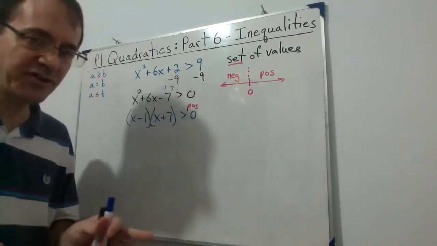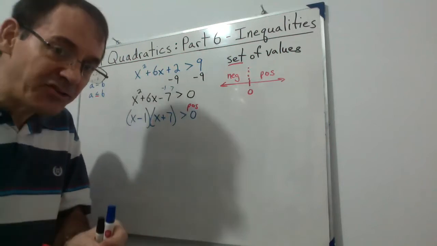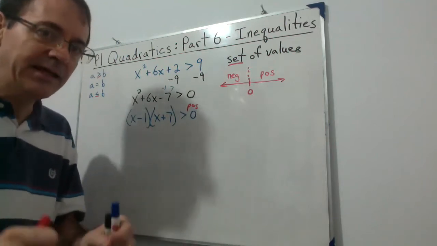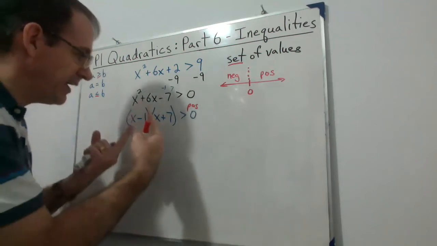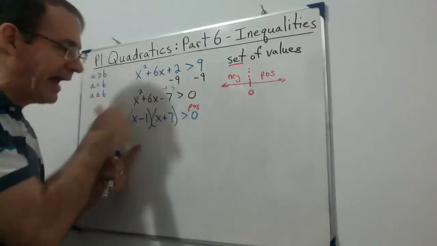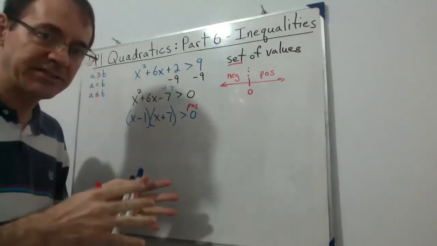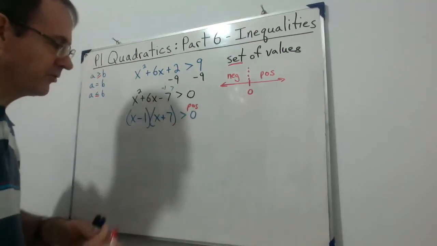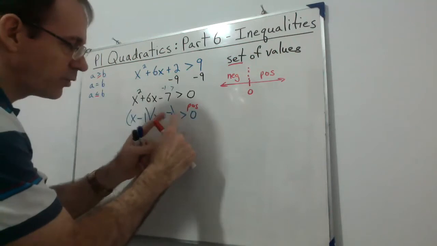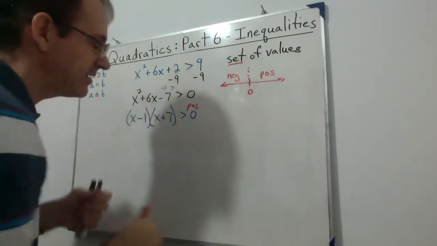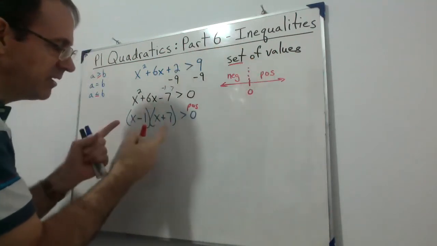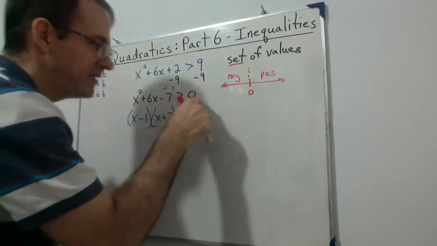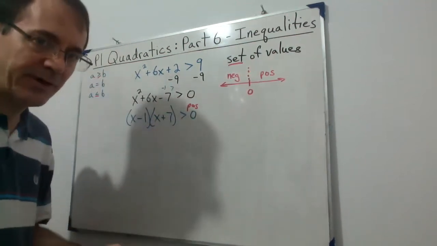It doesn't necessarily mean that your answers are positive or negative. It means when you plug the answers into our expression, the outcome is positive or negative depending on the direction of your inequality. So this is what we're looking for. We're looking for the solution set that causes this product to end up being a positive value.